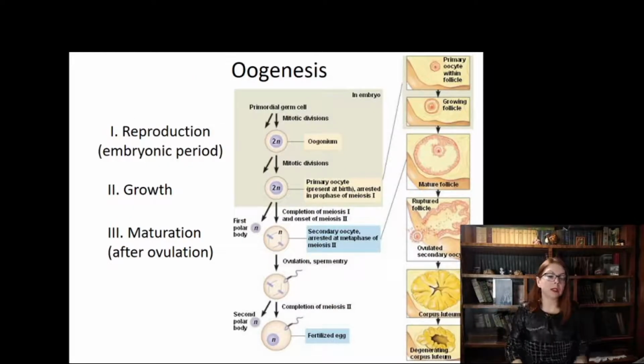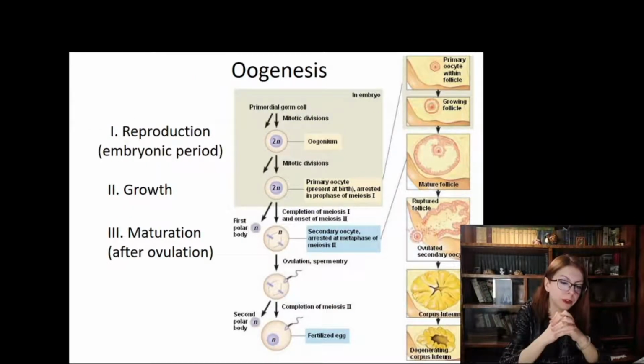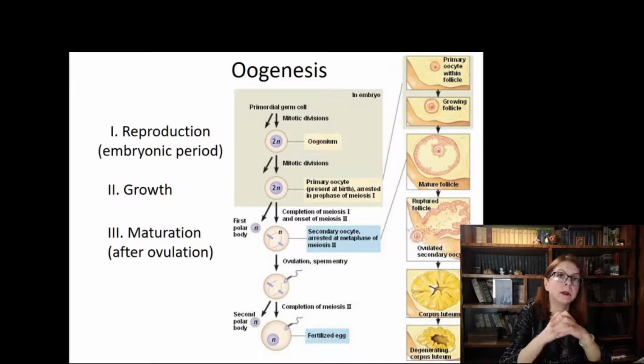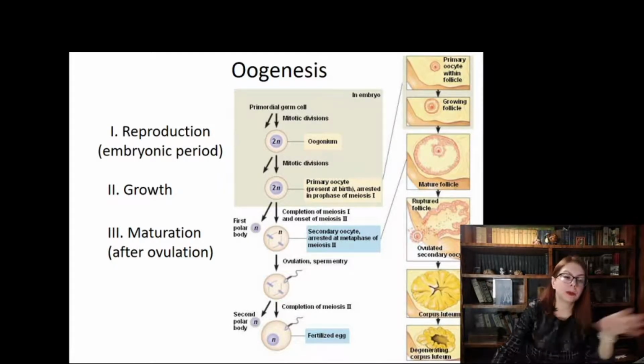Okay, and after we have discussed all structures, all types of follicles present in the ovaries, we have to discuss the oogenesis as the maturation of oocytes. It differs significantly from spermatogenesis, despite the same phases it has. The first phase is the reproduction.